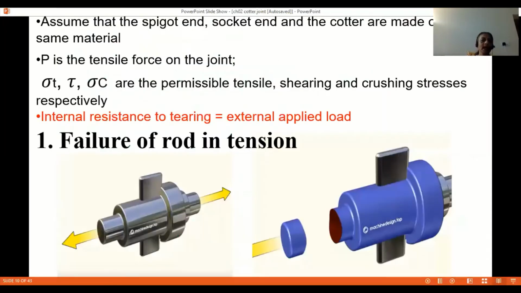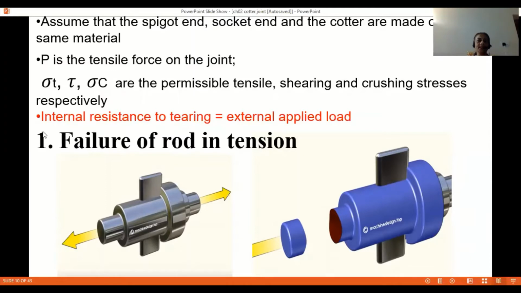While solving any design of a cotter joint, we must know the force or the load to which the joint is going to be subjected. Knowing the material of all the parts, we must also know the permissible tensile stress, crushing stress and shear stress respectively. So students, let us start with the design procedure of the socket and spigot cotter joint.